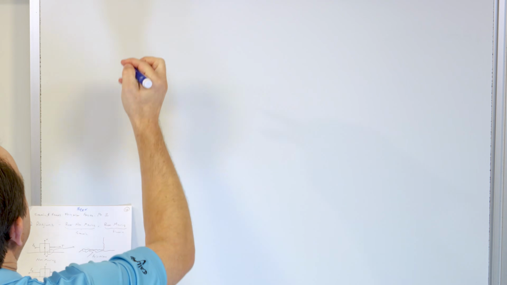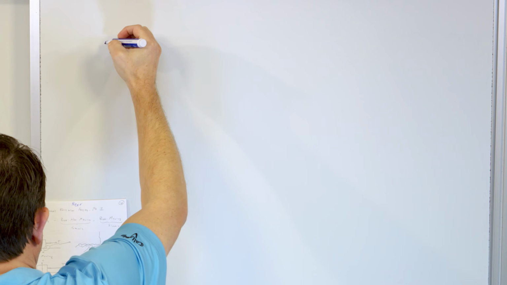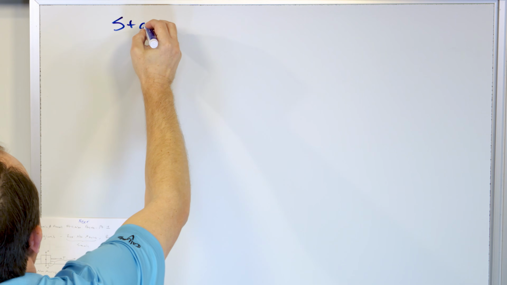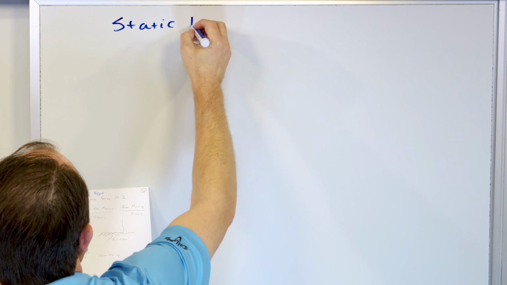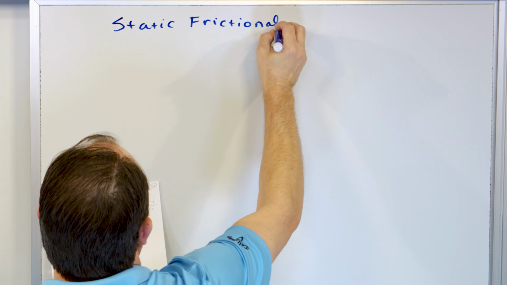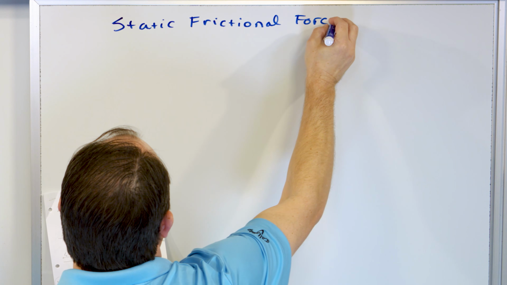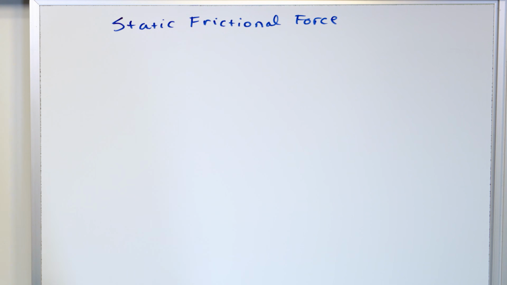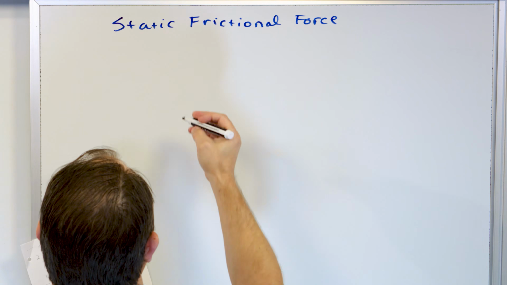So we have two main regimes. We have something called the static frictional force. And that equation looks very complex, but it's really not complex.